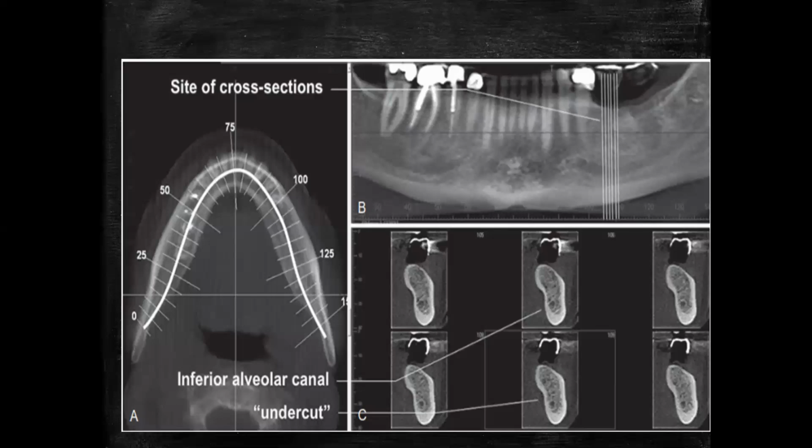Now imagine we need to place an implant in the first molar region. We see that in slice number 100, the last part of the premolar is seen. As we know, the distance between the tooth and the implant is 2 mm.